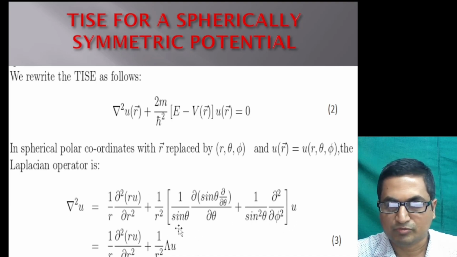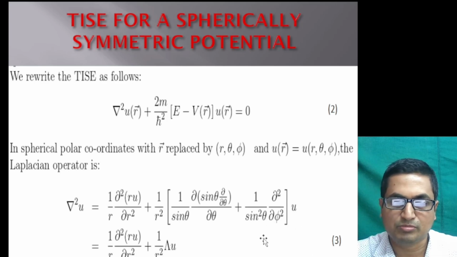Now this quantity within the bracket is put as this capital lambda, and so equation 3 takes this form. So our Laplacian, nabla squared, is now replaced by 1 by r ∂²(rψ)/∂r² plus 1 by r squared Λψ.